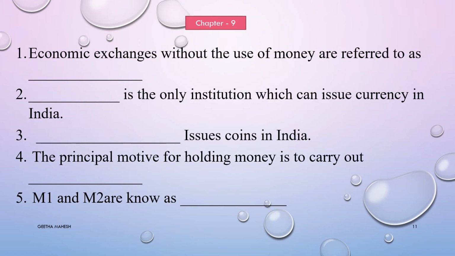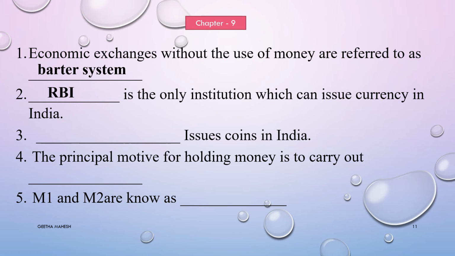So few important fill in the blanks from chapter 9, Money and Banking. Economic changes without the use of money are referred to as barter system. RBI is the only institution which can issue currency in India.